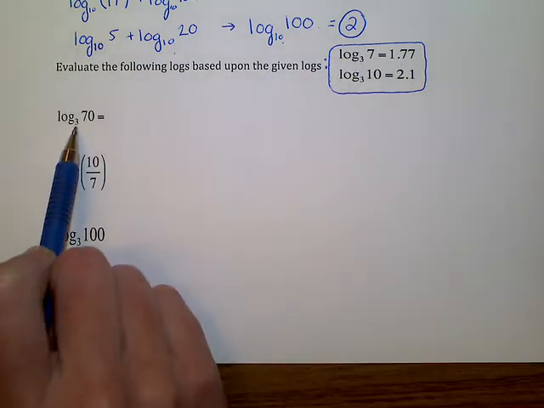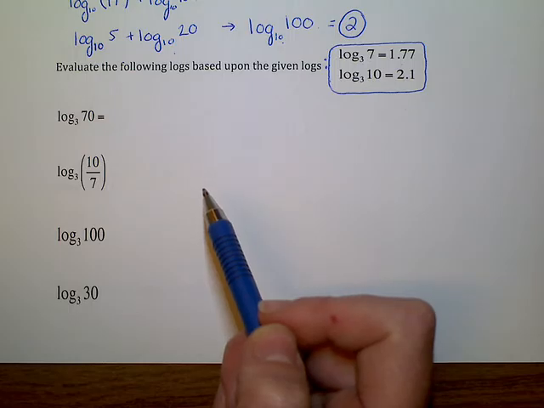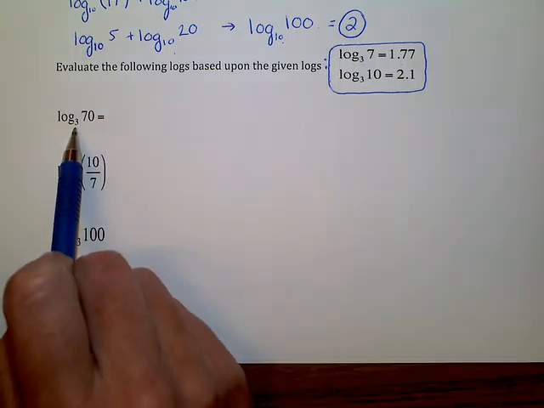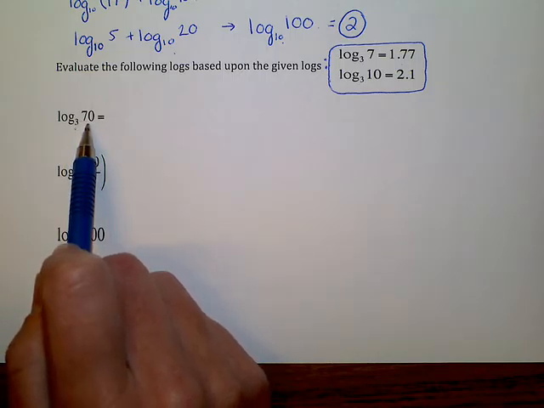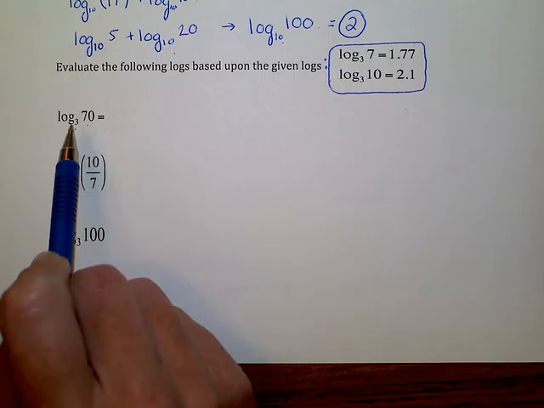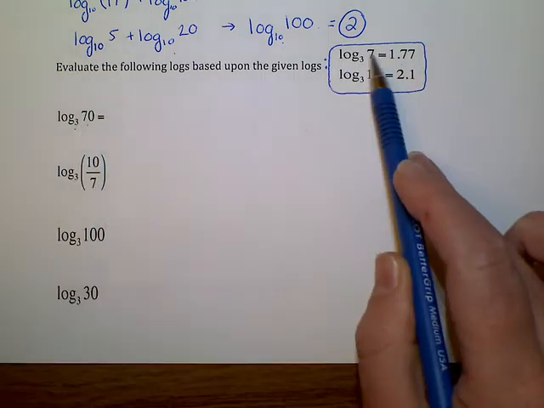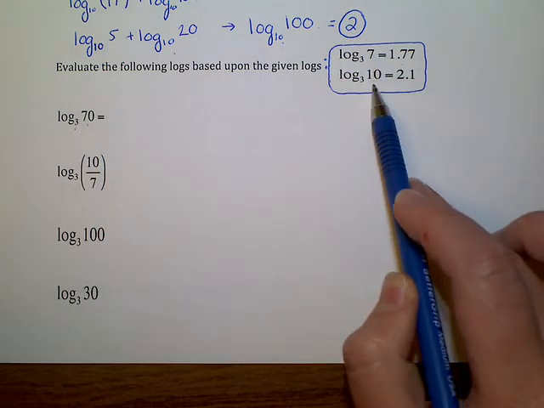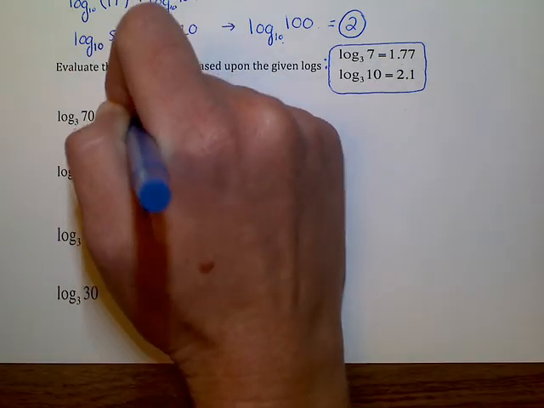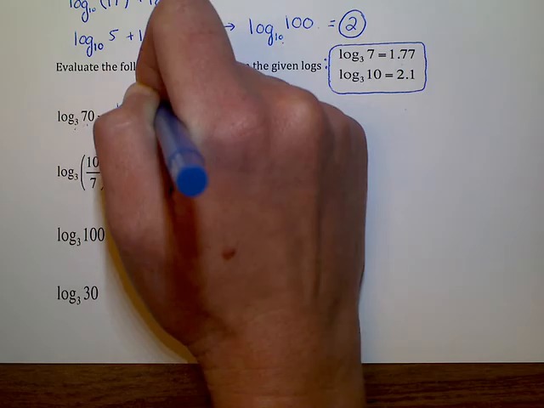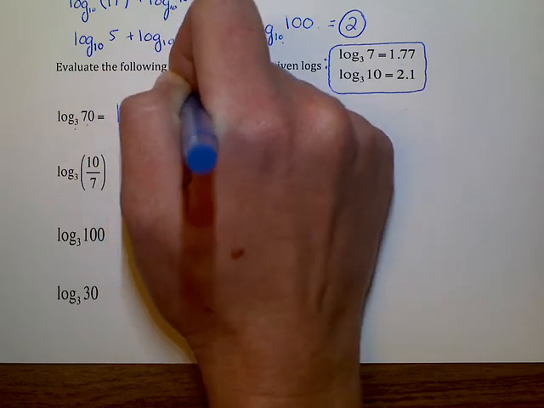For instance, log base 3 of 70. Well, I don't know what exponent I would put on 3 to get 70. But I do notice that I could think of that 70 in terms of the 7 and 10 that I'm given. 70 is the same as 7 times 10.